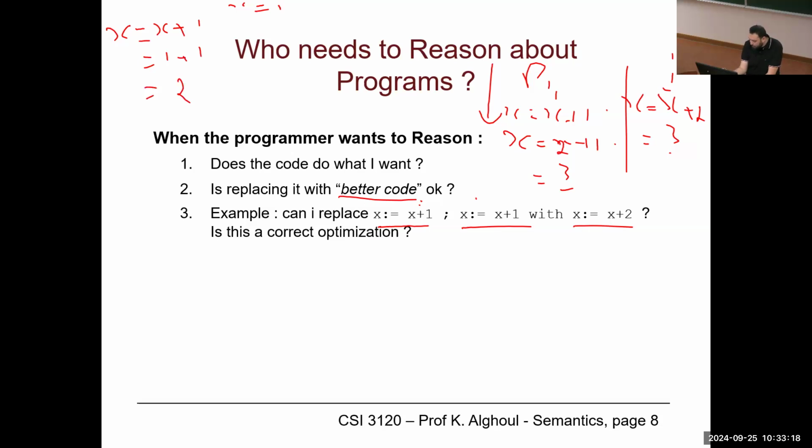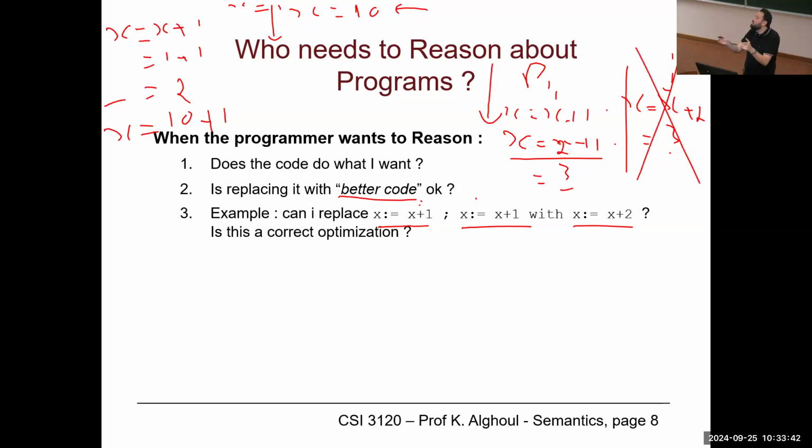Technically now you're going to put 2, but if you support parallelism, that means on another thread, x can get updated to 10 right away, out of nowhere, at the same time. So let's say you executed this line and then this line was executed. And then now the next one is what? It's 10 plus 1, not 1 plus 1. In this case, you cannot do this because you're supporting parallelism.